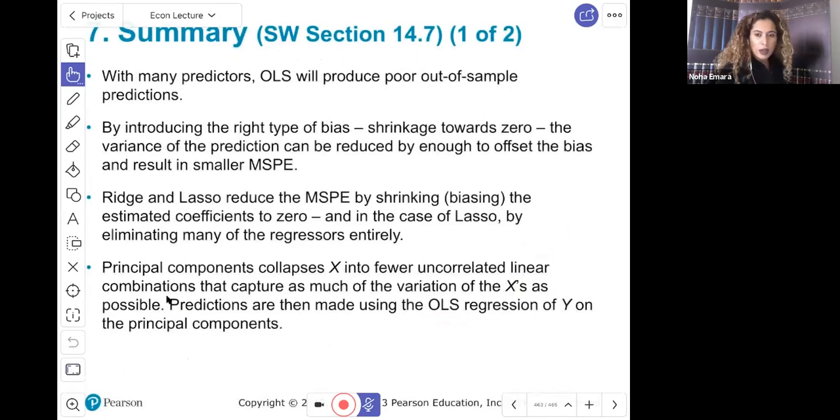I like this summary very much because it goes over the most important points. We said that with many predictors, the OLS would perform the poorest compared to the other three methodologies for the out of sample predictions. We need to have the correct amount of bias, or the shrinkage parameter, because I want to create this trade-off.